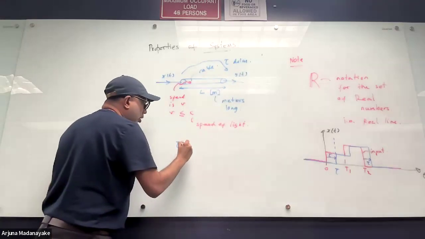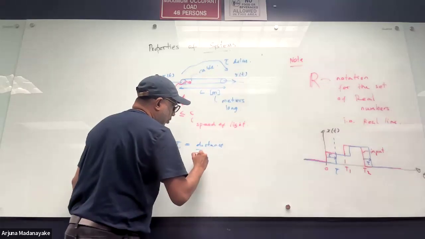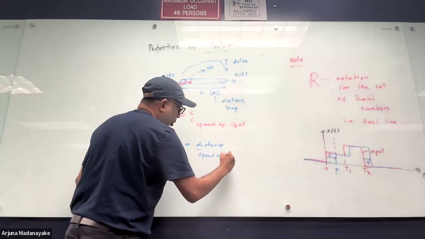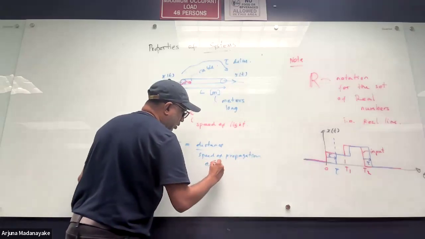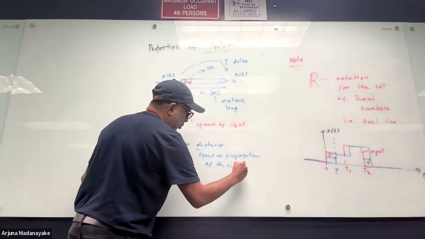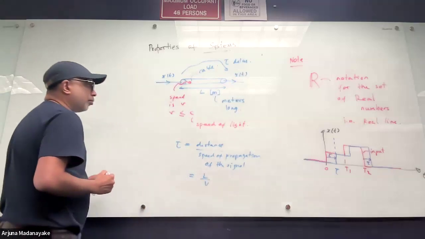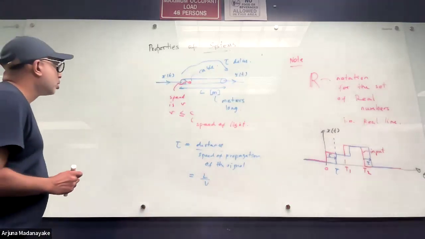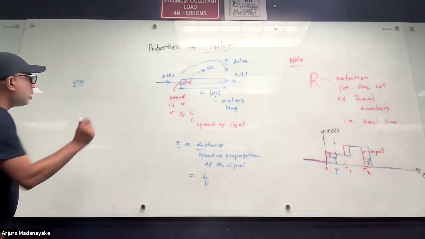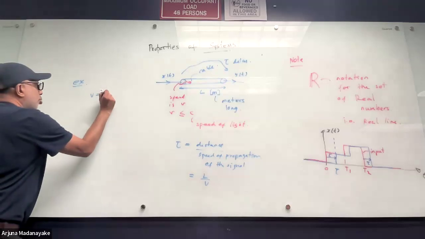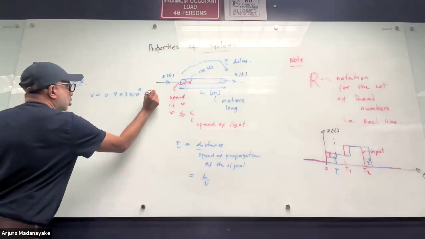So we can find tau is simply distance divided by the speed of propagation of the signal, which is simply L over V. Example. V is equal to 0.9 times 3 into 10 to the 8 meters per second.